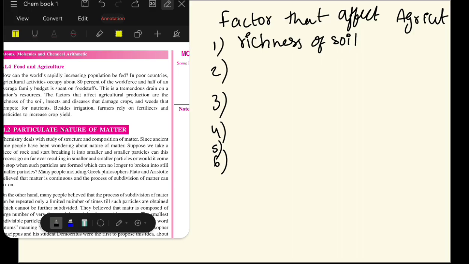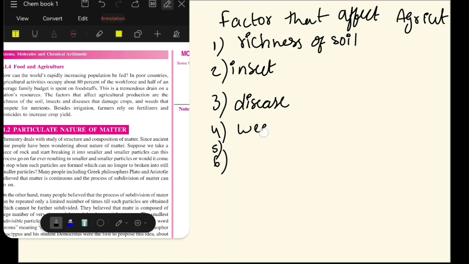If the soil is really good, fertilized soil, then the plant will also be good, obviously. Then insects: if insects come and eat the plant, then the plant will die. That's very normal. Then we also have diseases that damage crops. If a plant is sick, then it will not give a crop, obviously.